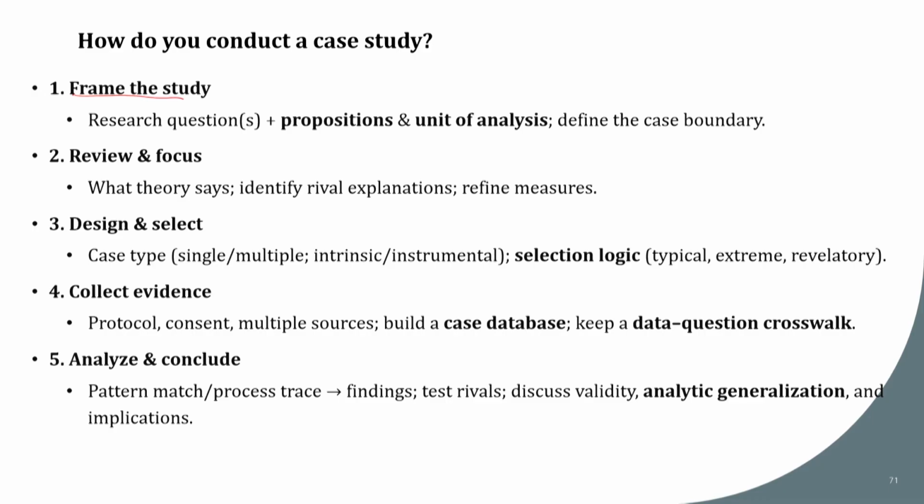Then it follows, after review of existing literature, to situate your case in the broader debates, then explain why you chose this case. That is more important here. Is it representative or unique or critical? The results stage involves gathering evidence, collecting data including financial data, interviews and media reports, and finally in the discussion connect your findings back to theory and the larger issues and also to your key research question.